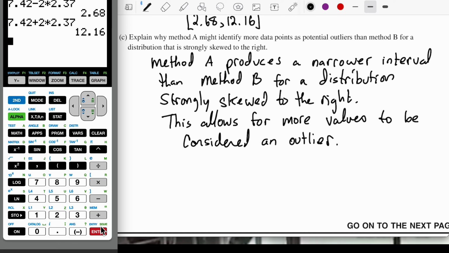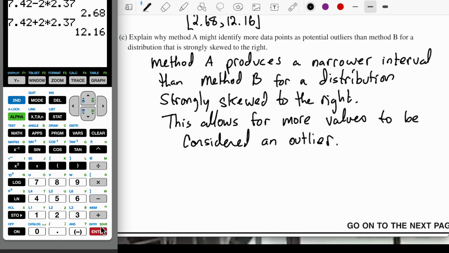The observation here is one interval is narrower than the other. Hold on. I just want to make sure I actually answered the question. Method A produces a narrower interval. All right. I just wanted to make sure that was there because it's kind of important that you actually answer the questions being asked.